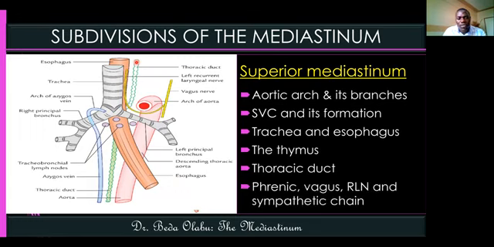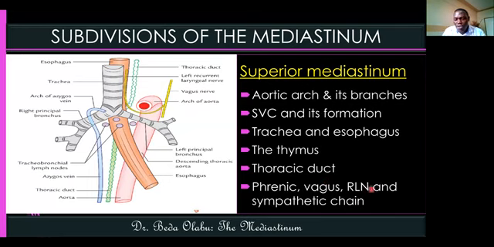Then there are a number of nerves which are also in the superior mediastinum. The phrenic nerve is the nerve that goes to the diaphragm. So if you have injury to the phrenic nerve, then you can paralyze the diaphragm. The vagus nerve is the 10th cranial nerve, going to supply various organs of the respiratory system, digestive system, cardiovascular system, and urinary system.